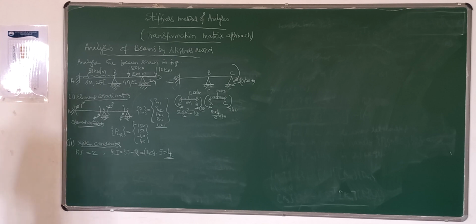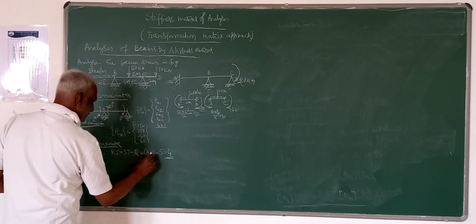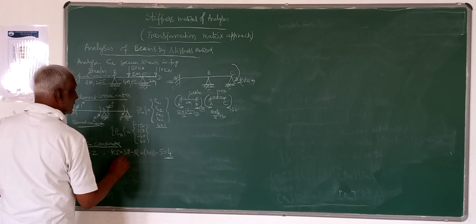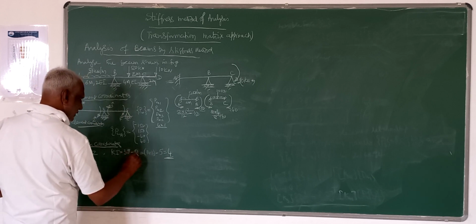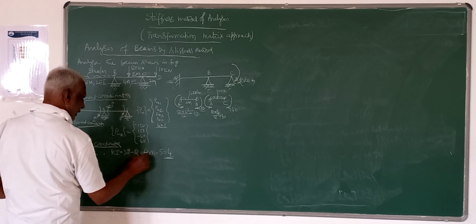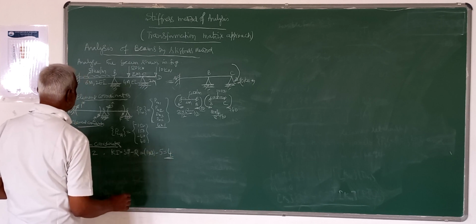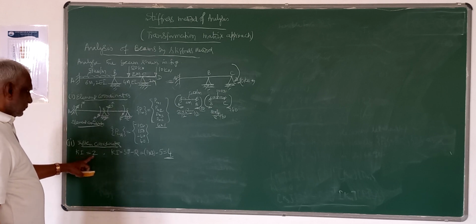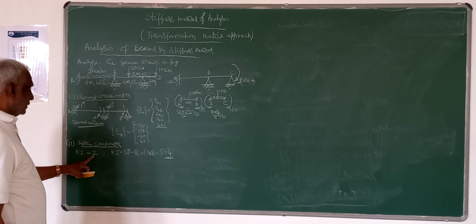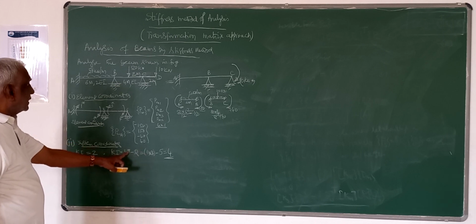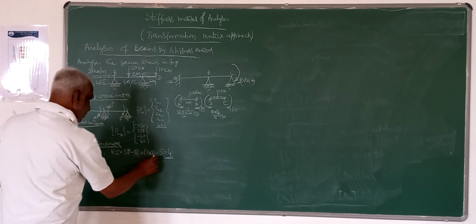We are getting, not here 3, it is 2. 3 into this j, number of joints, correct, 3 into 3 minus unknown support reactions 5, 9 minus 5 is equal to 2. Number of joints, of course, it is 3, 3, 9. Support reactions 5.